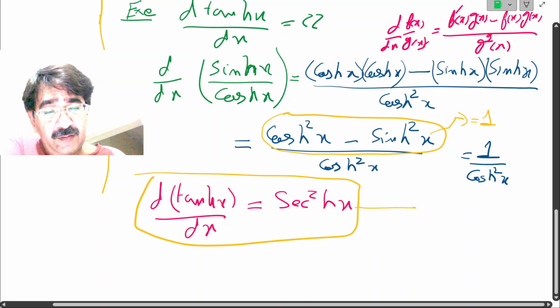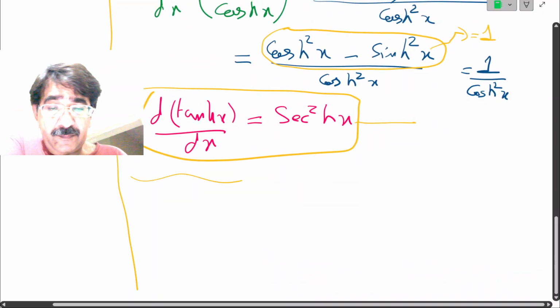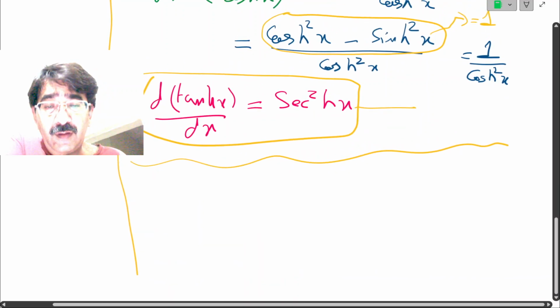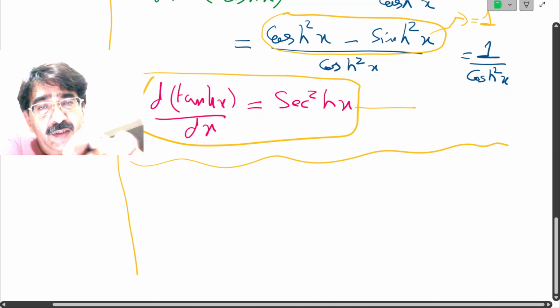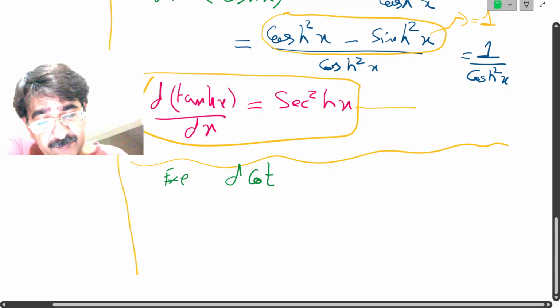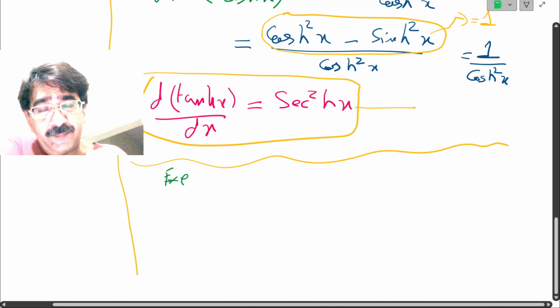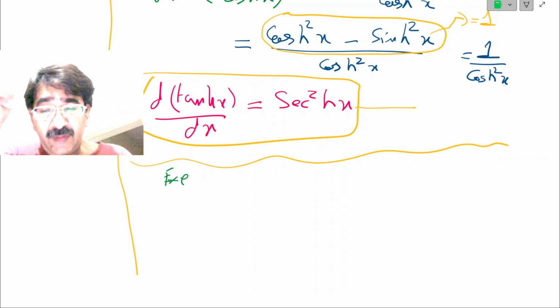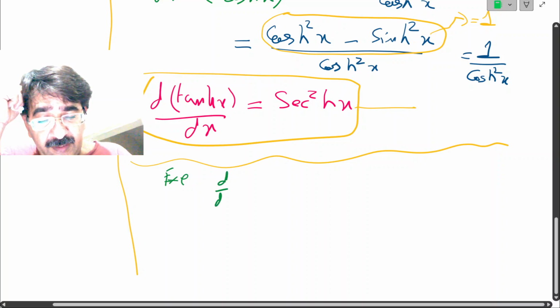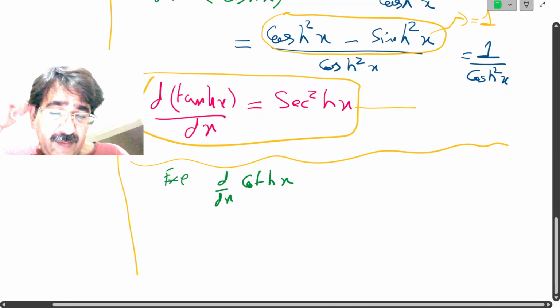Now the next exercise is about the cot. The exercise is d by dx of cot hyperbolic x. I must write again: d by dx cot hyperbolic x.